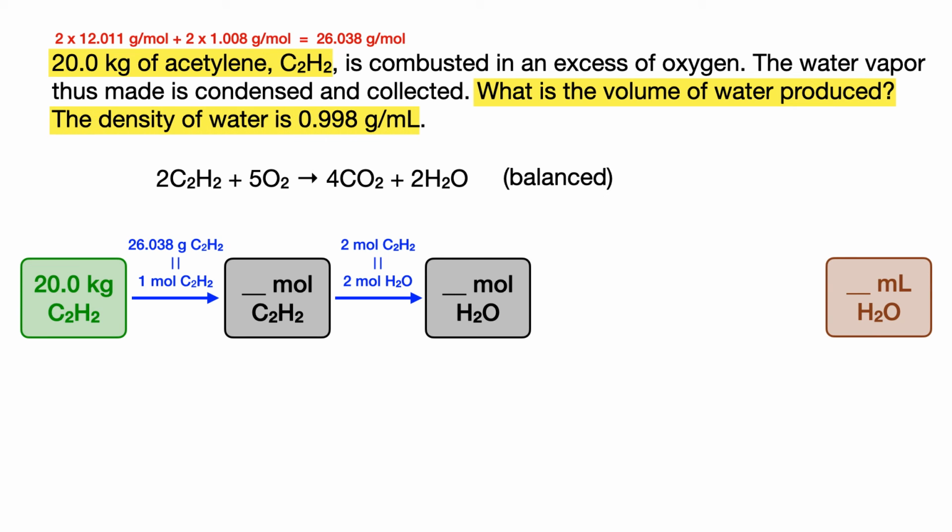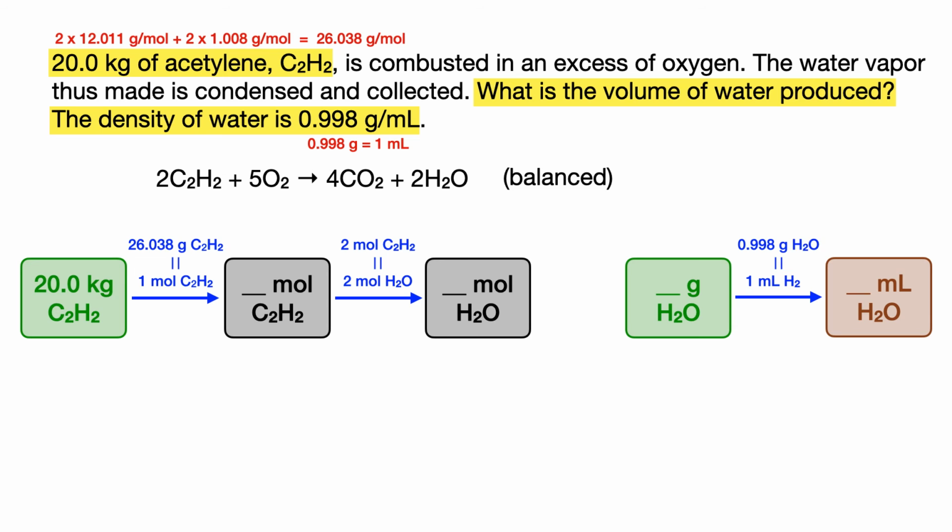And density will allow us to relate the mass to the volume, so it will allow us to connect the grams of water to the number of milliliters. And specifically, 0.998 grams per milliliter is equivalent to saying that 0.998 grams of water has a volume of 1 milliliter. And so this will allow us to do this conversion.